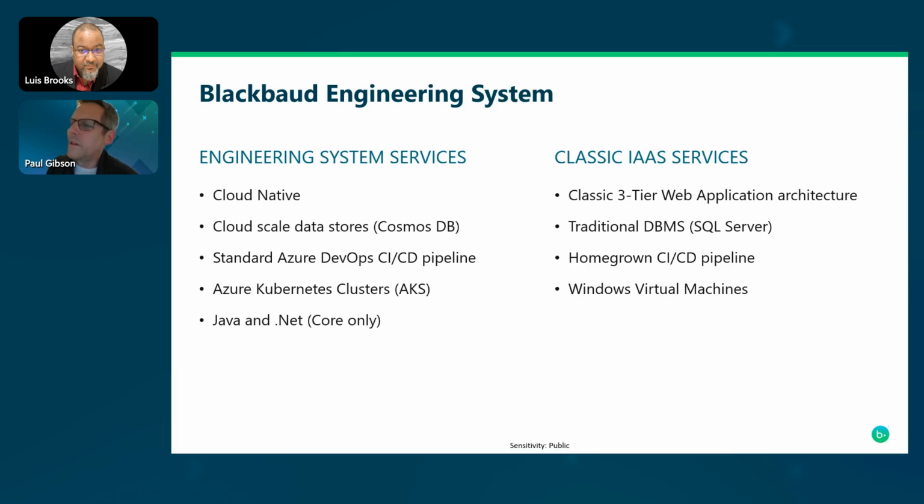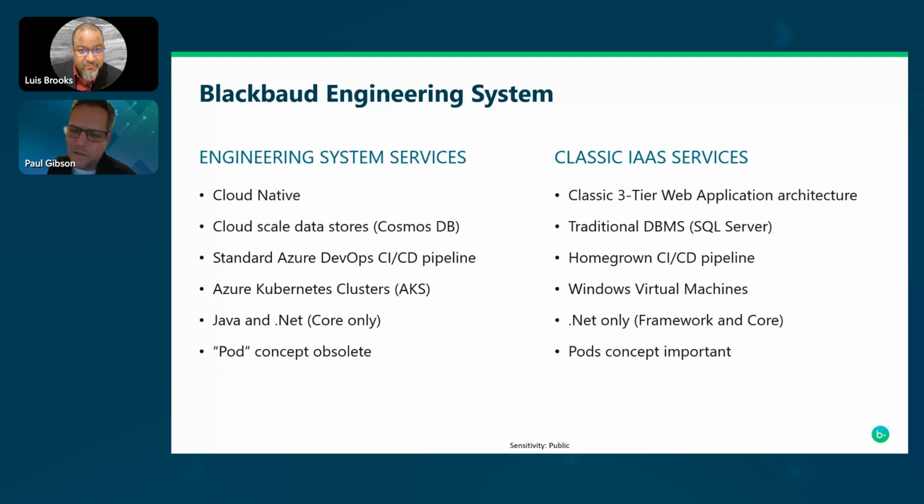In our modern engineering services, we support Java and .NET Core only, so only the latest versions. In our classic services, we were supporting .NET Framework and Core. As I said, the pod concept is largely obsolete in the new services, whereas in classic IaaS services it was very important because some of these notions weren't built into the technology, and we had to roll our own.